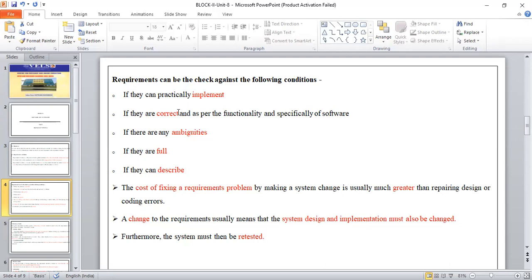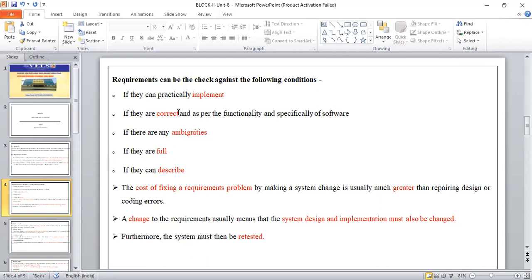And then we check whether the requirements are correct and as per the functionality and specification of the software, so that the requirements can be implemented properly and that functionality can be done properly using a particular software. It should be considered also.